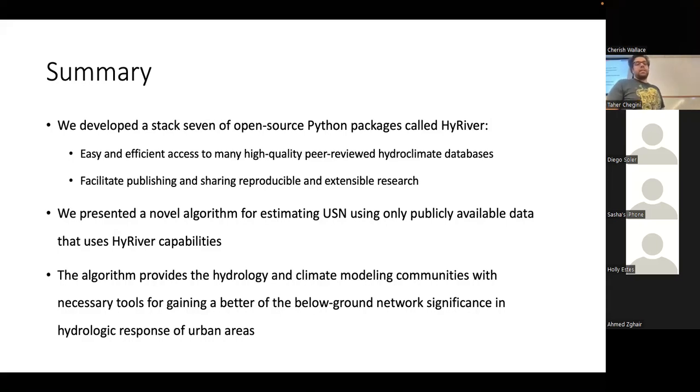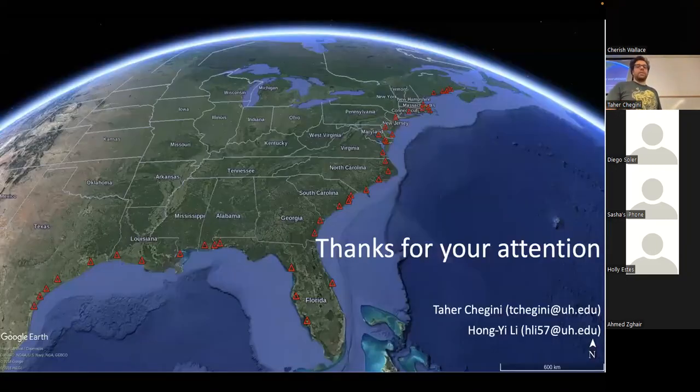And then we showed that the USN estimation algorithm provides very good, necessary tools for researchers to do analysis in urban areas, because one of the big missing pieces of information in urban areas has been this urban stormwater network. So having that is going to help to do further analysis at larger scale in urban areas. So that's what I had for today, and I'd be happy to answer any questions.